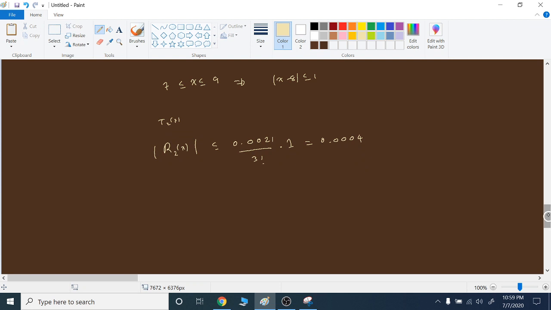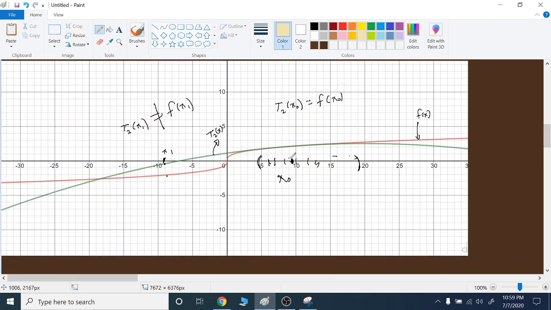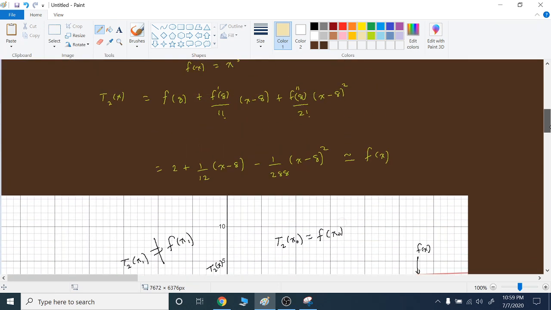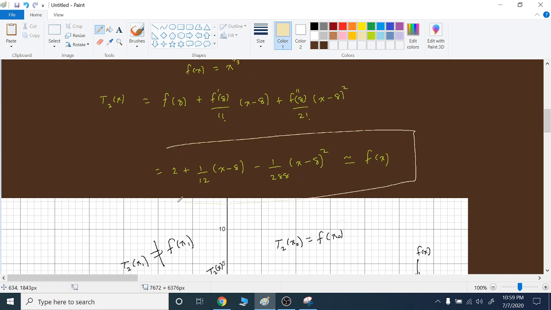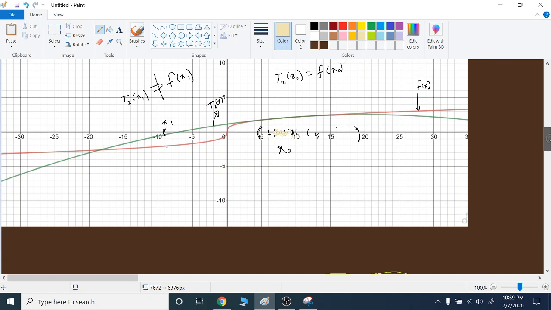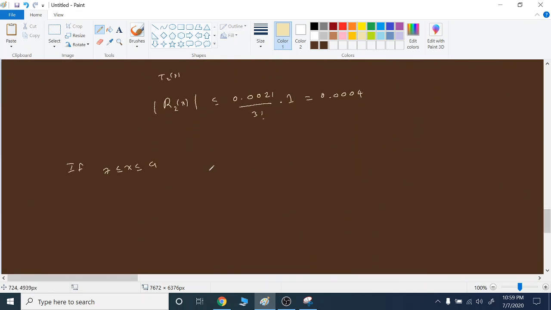So ultimately what we can say is, if we choose x between 9 and 7, that means if we choose x in this region, then the approximation that we considered, that is the red colored graph and the green colored graph in this region, the approximation in part A will be accurate to within 0.0004.